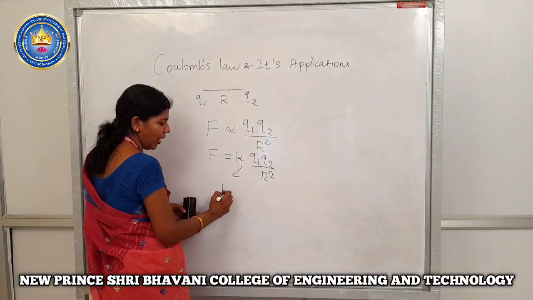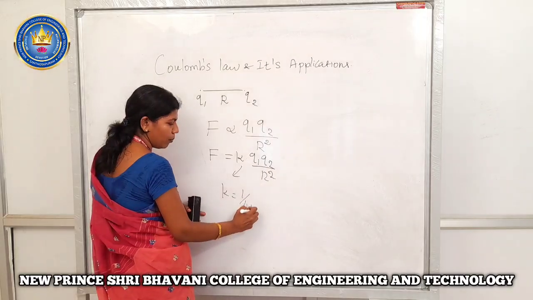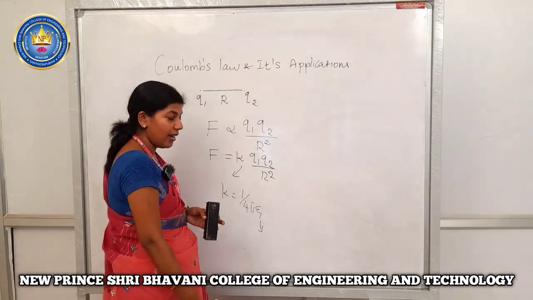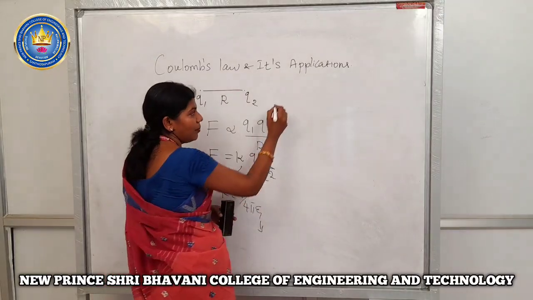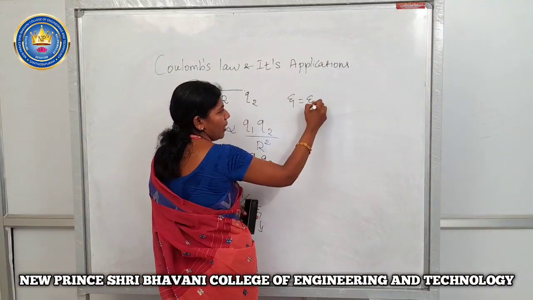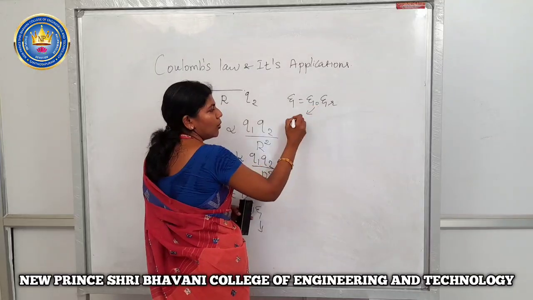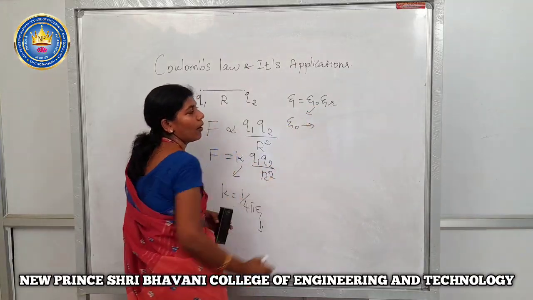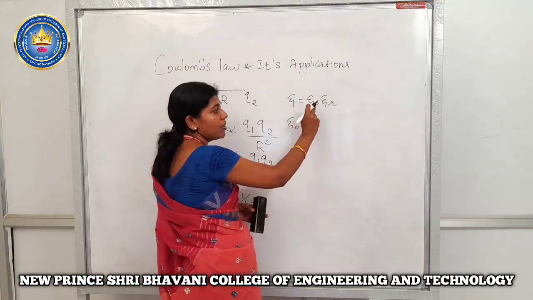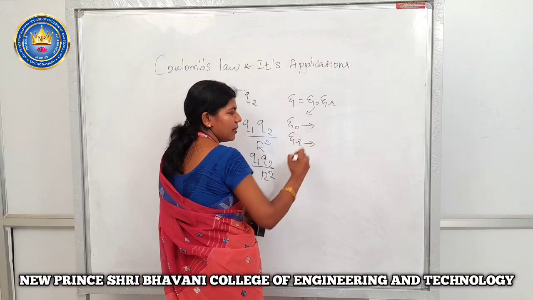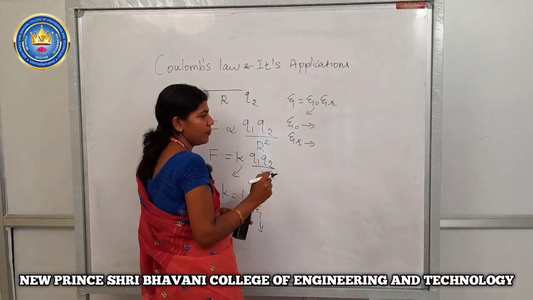The value of K is 1 divided by 4 pi epsilon, where epsilon represents the permittivity of the medium, which can be written as epsilon equals epsilon naught into epsilon r, where epsilon naught represents the permittivity of free space and epsilon r represents relative permittivity.